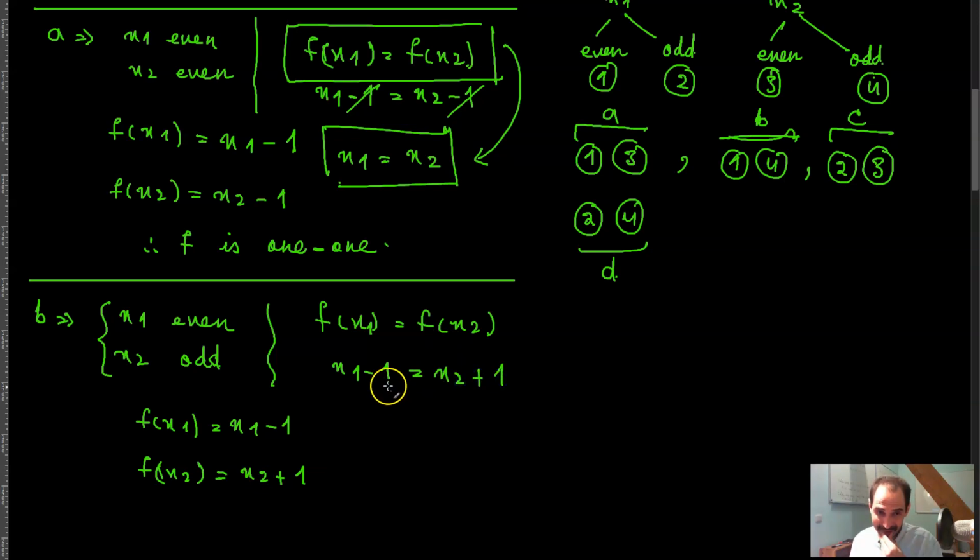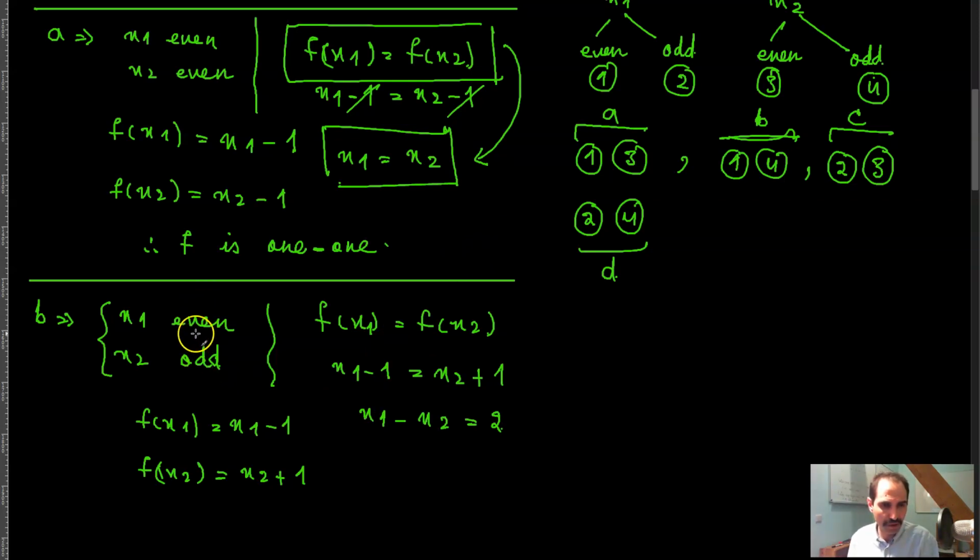which means that x1 minus x2 is equal to 2. Now here you can see that I have some x1 which is even, some x2 which is odd, and I'm subtracting an odd number from an even number.